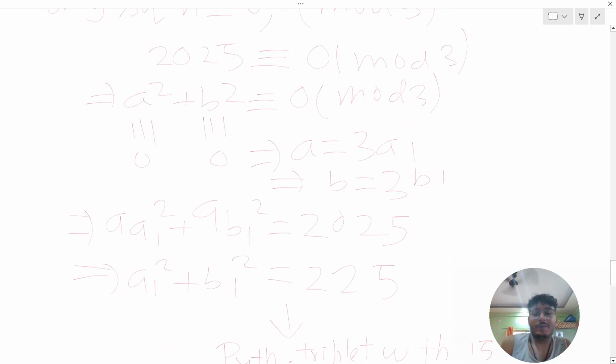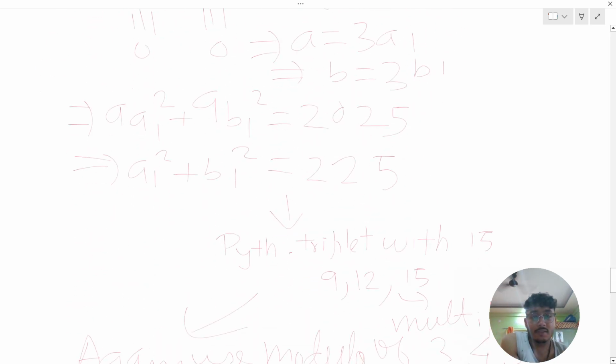Again when we come to this equation, a1 square plus b1 square equals 225, which is the square of 15, and with practice you will very easily know that 9, 12 and 15 form a Pythagorean triplet.